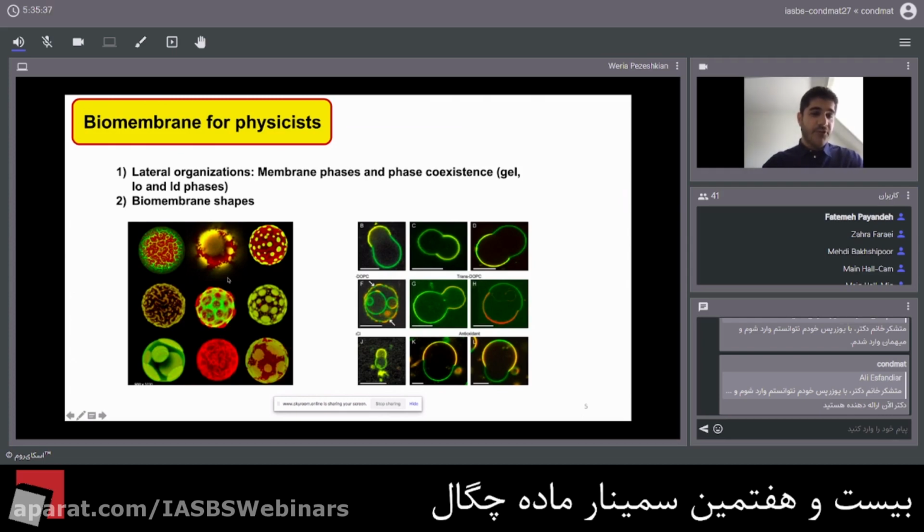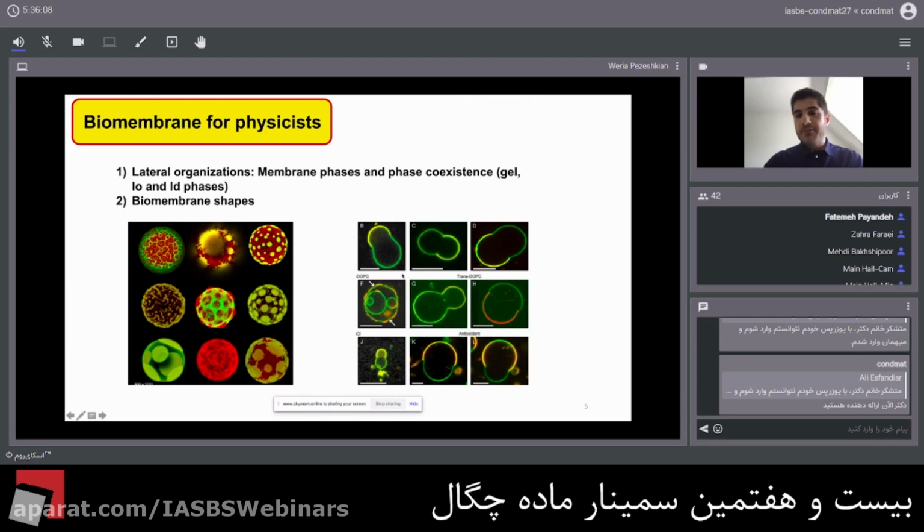And more interestingly, if you have a three-component mixture, where one of them is cholesterol, then you have two phases that coexist and both of them are liquid, which is called liquid ordered, liquid disordered phase coexistence. These are examples obtained on model membranes. You see each color shows a different composition of the lipids in the vesicles.